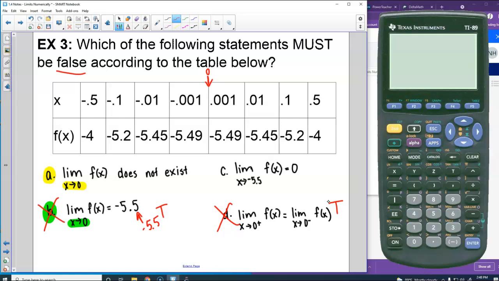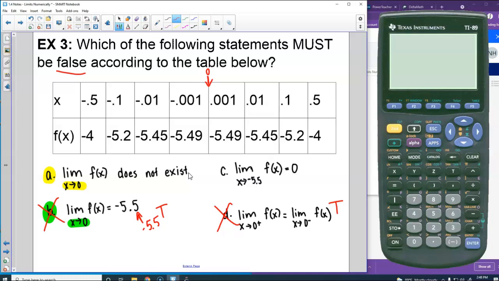All right. Limit as x approaches 0 of f of x does not exist. It could potentially not exist. Okay, I guess, can it just go steady?